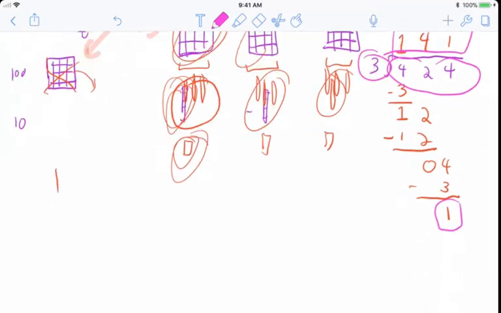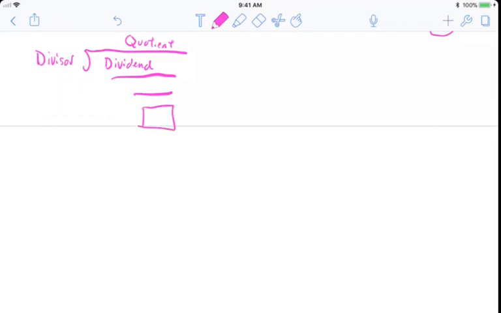So to review, when you're doing long division, it's the divisor under the thing, the dividend up top here, that number is called the quotient. And then when everything is done, the number down here is called the remainder.